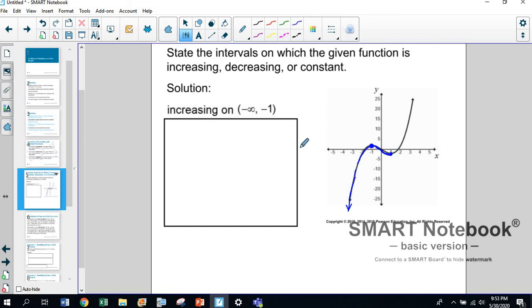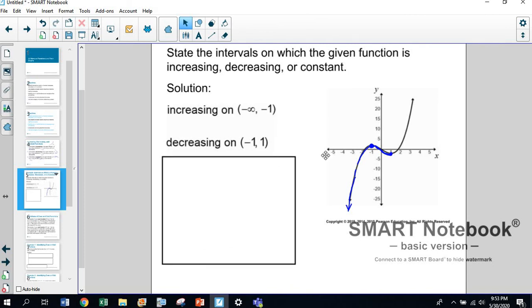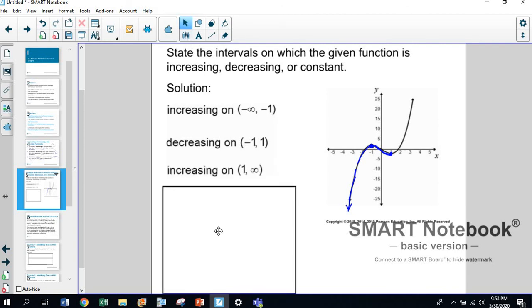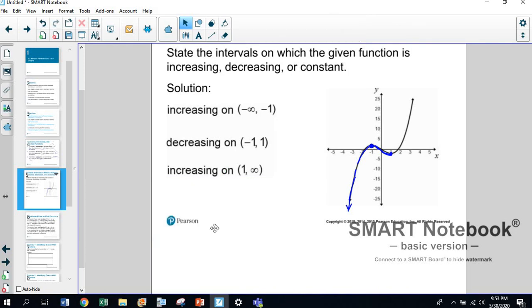And so what that means is that you are decreasing between -1 and 1, and then what happens after 1? After 1 you take off again, you start going up again, and so you're increasing on 1 to infinity. Okay, that's the layout. It wasn't constant anywhere. That's the only thing we were missing, and that's kind of how you play it out.